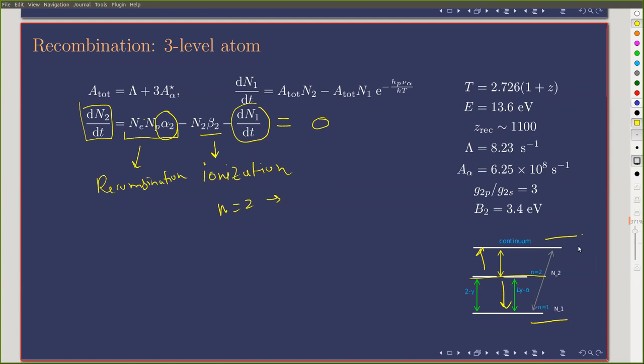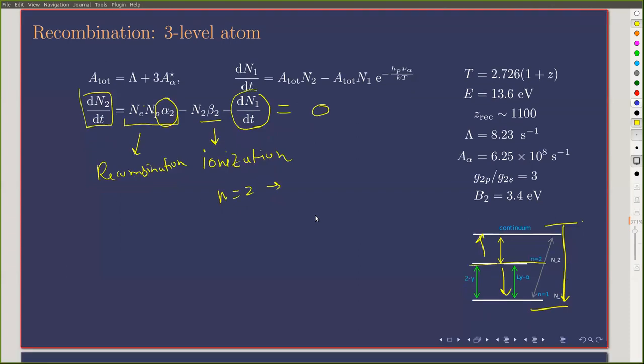So basically there is a net flow from the continuum to the ground state, but in between this state remains in equilibrium. It is just sort of a catalyst state, so we are assuming the rate of change of that state to be 0.